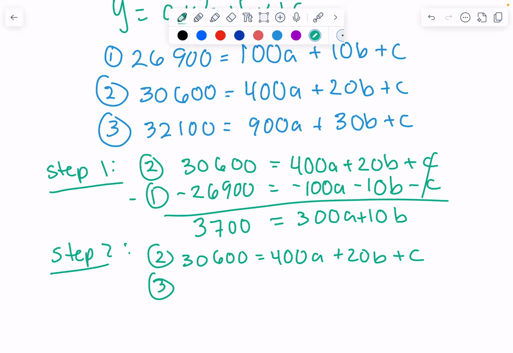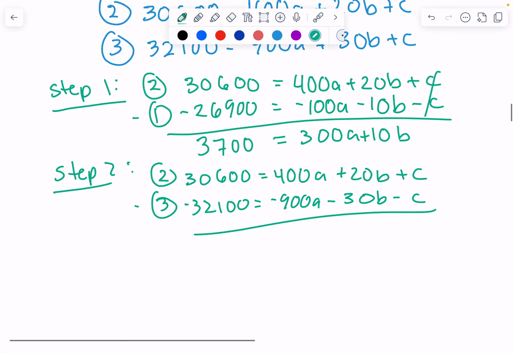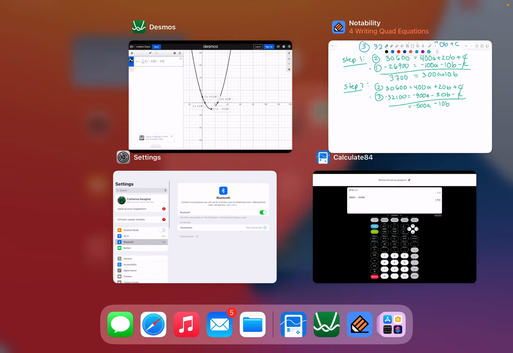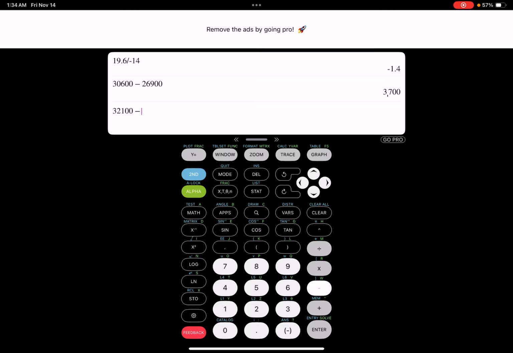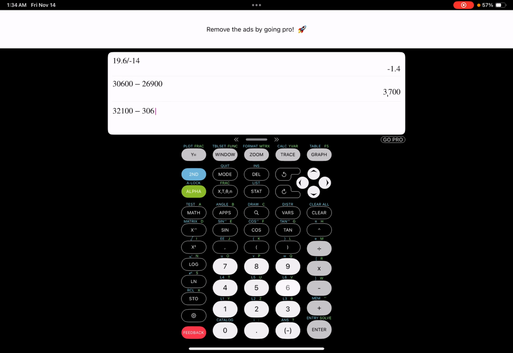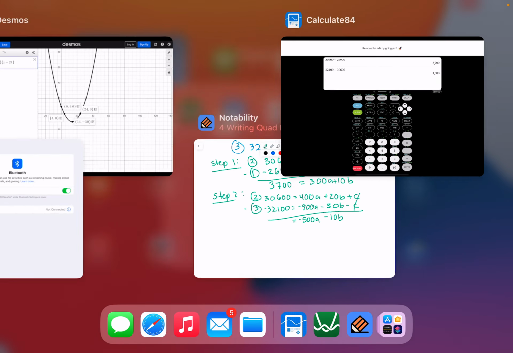I'm going to take equation 3 and multiply it by negative. And hopefully you're seeing why. So that cancels. That's why it gives me negative 2b, negative 500a. It's going to be negative 1,500.